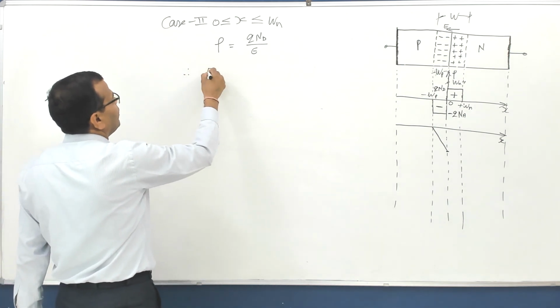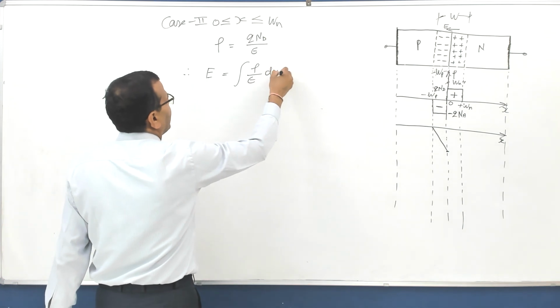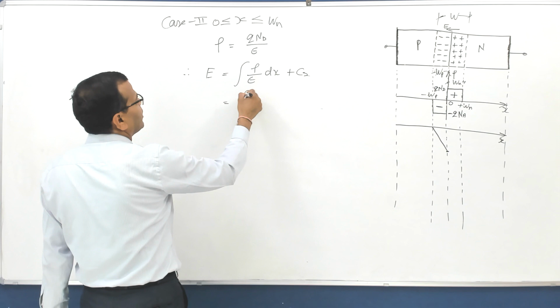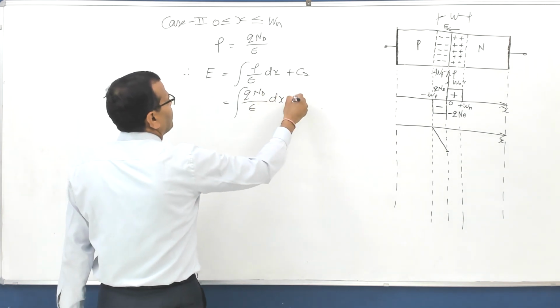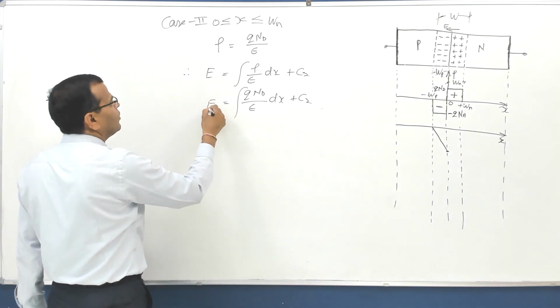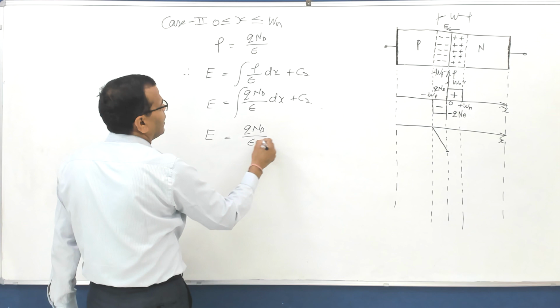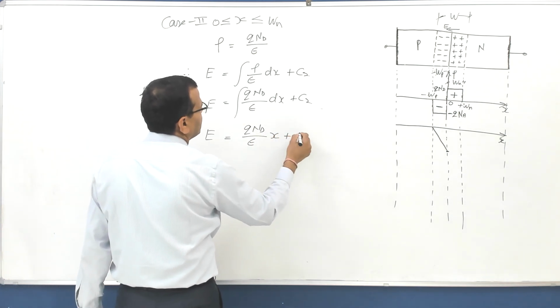Therefore, E will be equal to the integral of rho by epsilon dx plus a constant of integration, that is C2. This is nothing but the integral of Q N D by epsilon dx plus a constant, or you can write this as Q N D by epsilon into x plus C2.